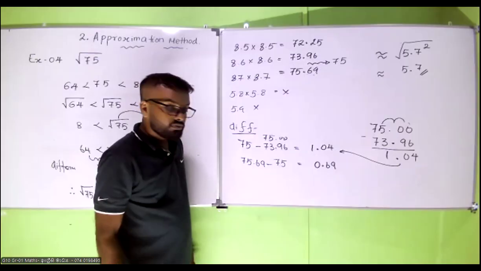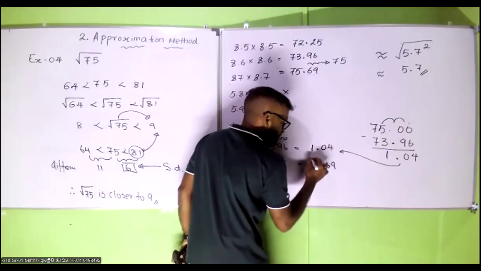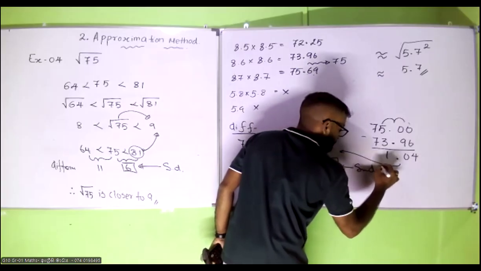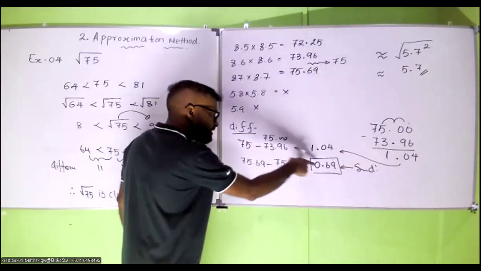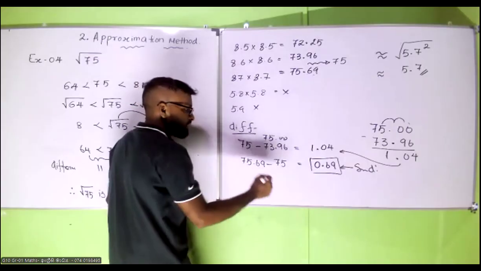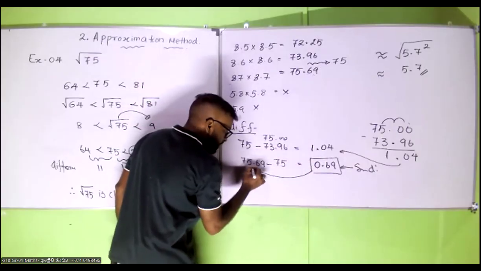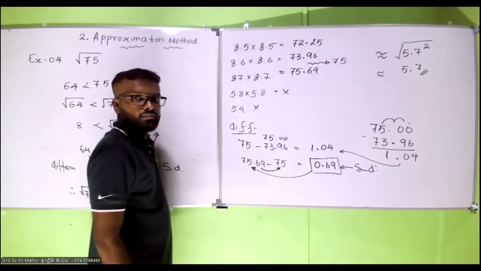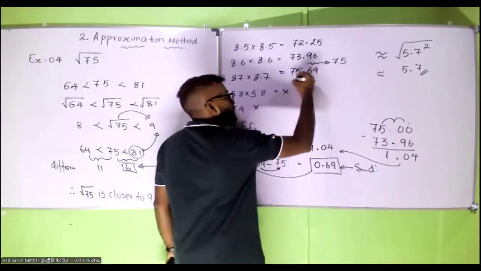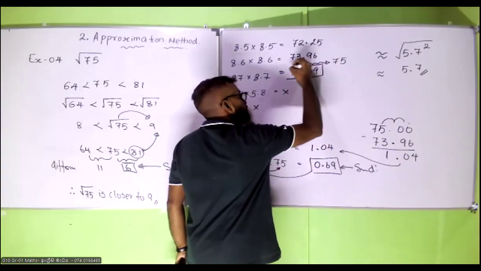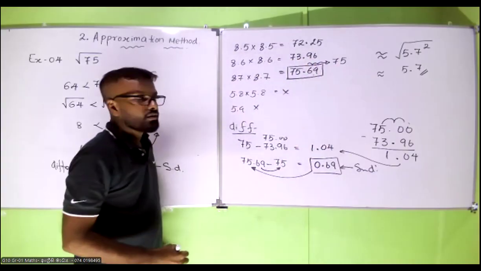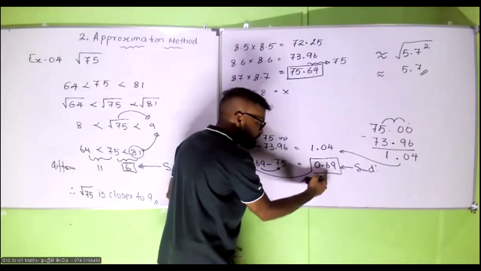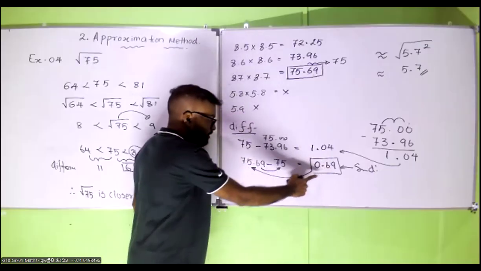Which is the smallest one? This is the smallest one. Smallest difference. So if this is the smallest difference, 75.69 is the closest number to 75. So this is the closest value, because the smallest difference is 0.69.